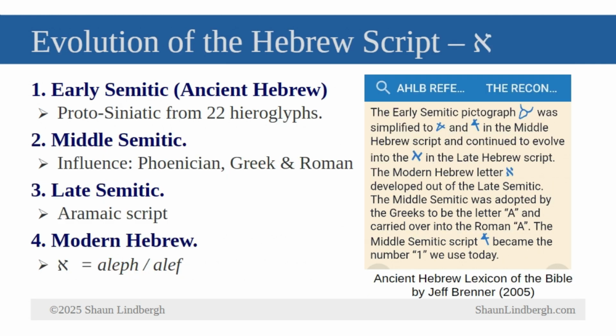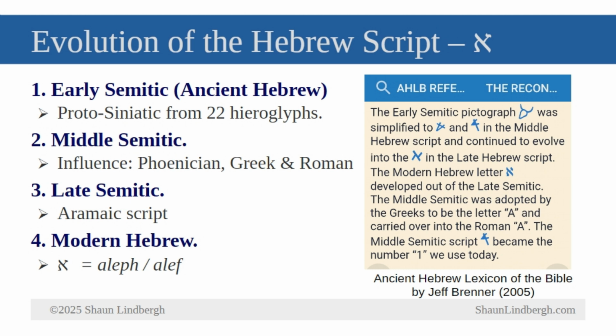We really need to go back to the evolution of the Hebrew script to understand the significance of these two letters. The earliest alphabet we know is called Proto-Sinaitic, that's early Semitic or ancient Hebrew, and it's an adaptation of 22 Egyptian hieroglyphs. It then evolved into what's called Middle Semitic, and Middle Semitic influenced the Phoenician, Greek, and Roman alphabets.